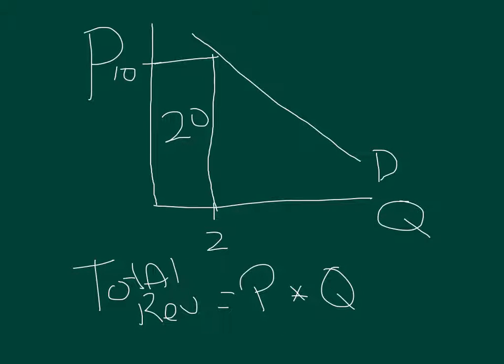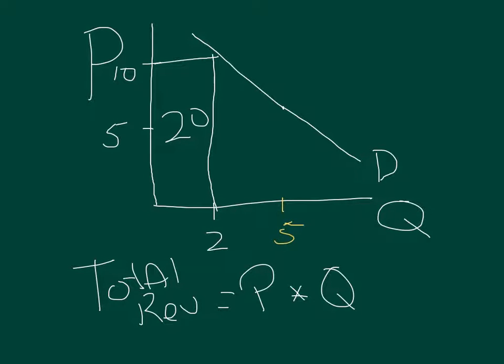Now let's suppose you decide, okay, we know the demand curve, and let's do some market research. Suppose we can change the price, and we change the price to 5. At 5, and I'm going to try to change the color here as well if I can, at 5, we can sell 5.